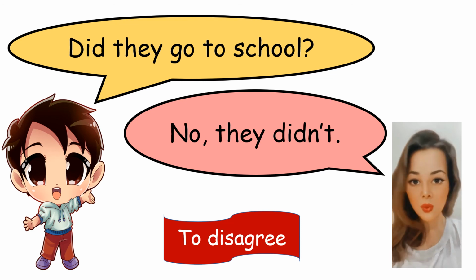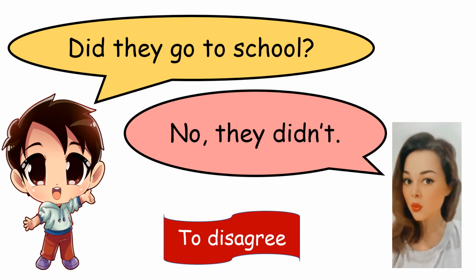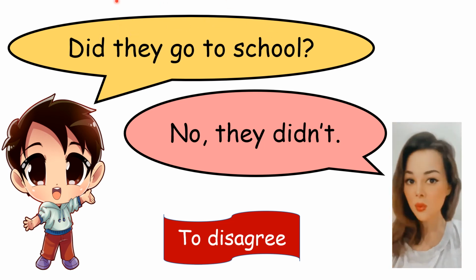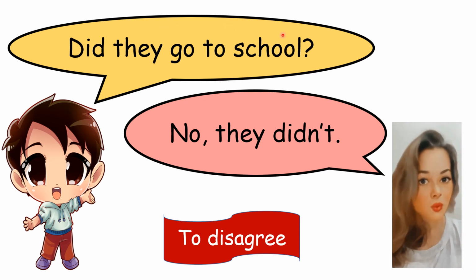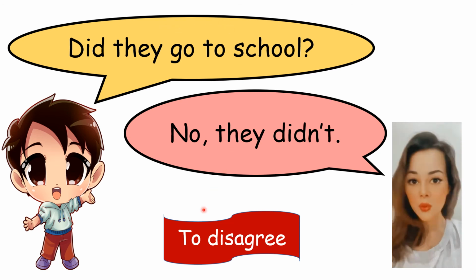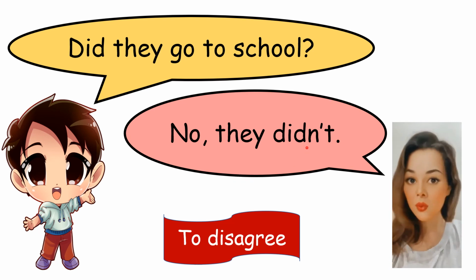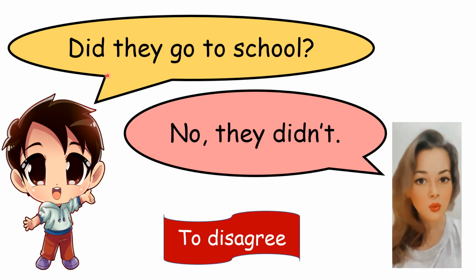Now, this is the last example to practice today. Okay, and it goes, did they go to school? Now, this time we would like to disagree. When we disagree, we're saying no. And when we say no, we use the word didn't to answer the question with did.